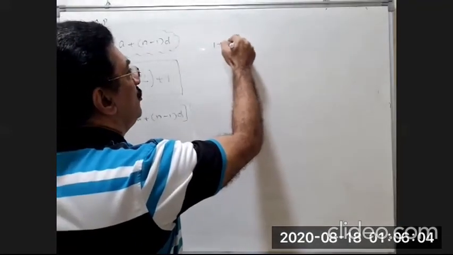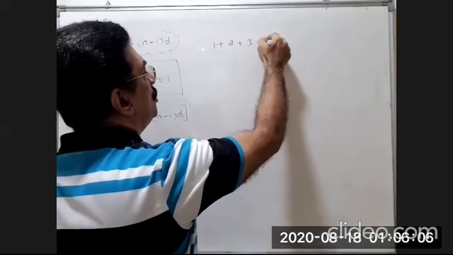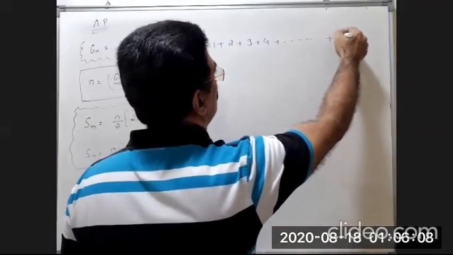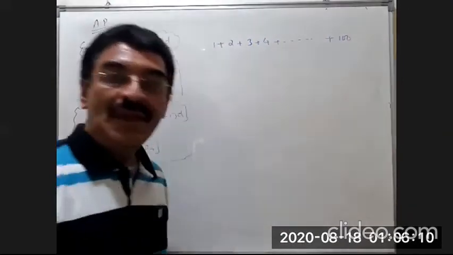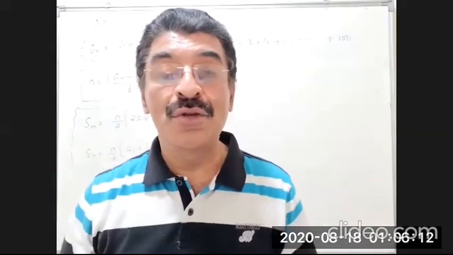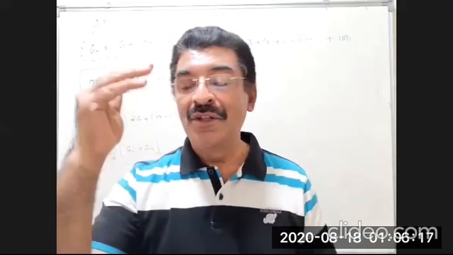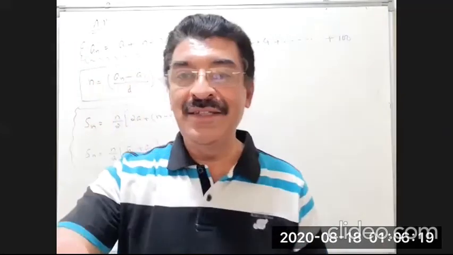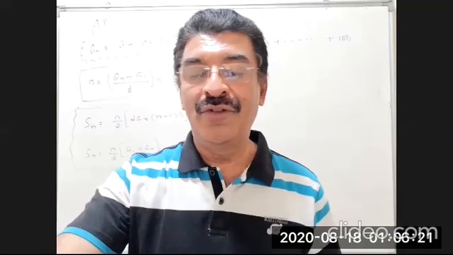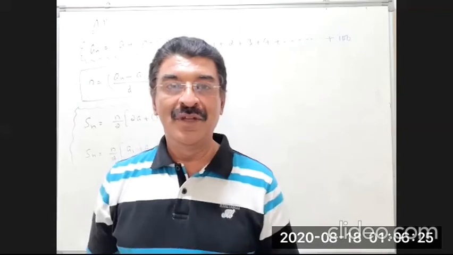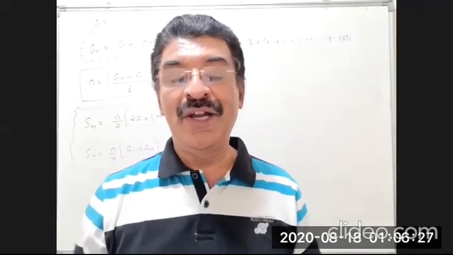Add the numbers from 1 to 100. He was very sure the students would be sitting with this question for one period so that he could do his work. But contrary to his expectation, what happened?